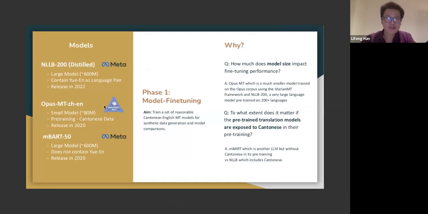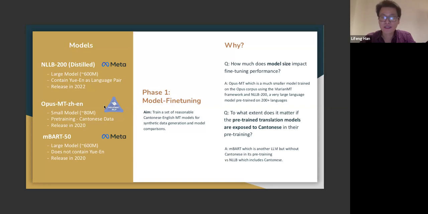Regarding the three models we selected, they include NLLB-200, No Language Left Behind from Meta, Opus MT Chinese-English, and mBART-50. We have some rationales for the selection of these models. Firstly, we wonder how much model size impacts fine-tuning performance.